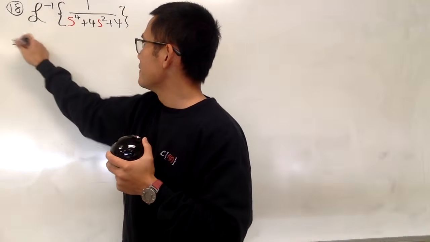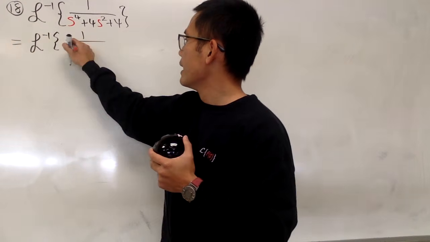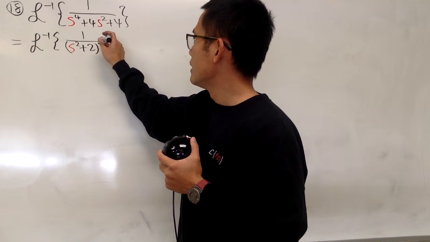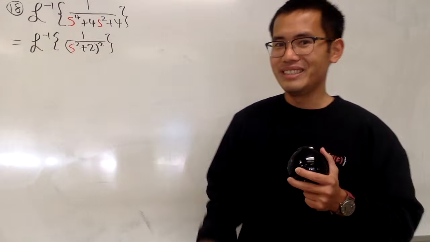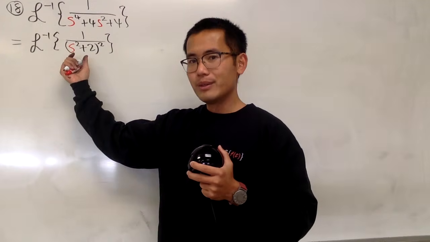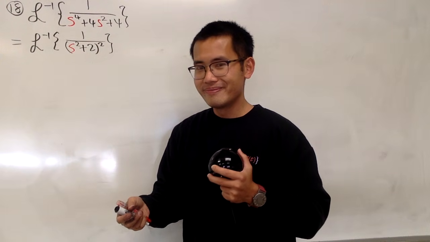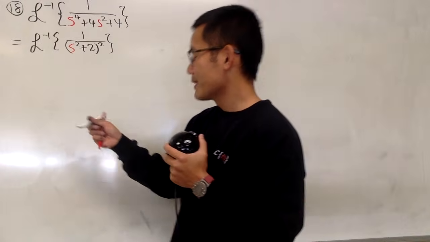This right here is in fact the same as the inverse Laplace of 1 over s squared plus 2, and then squared, like this. Now, here is the deal. I can look at this as 1 over s squared plus 2 times 1 over s squared plus 2. Break it apart with convolution instead of the regular multiplication.